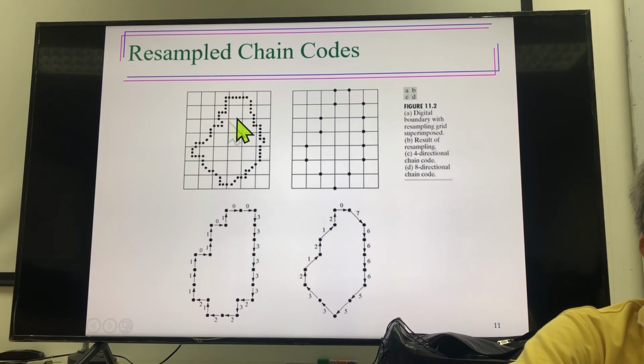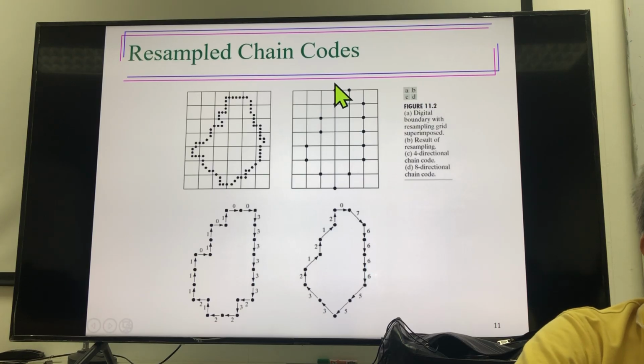For example here, this chain code has too many points, too many dots. You might want to represent it by a larger grid. Like this part on the right hand side, you can see there are many turns, which may not be necessary.